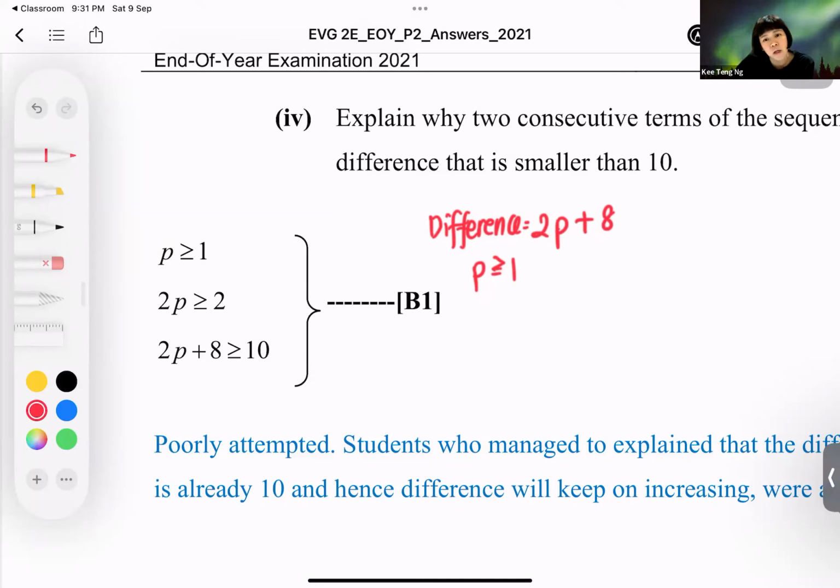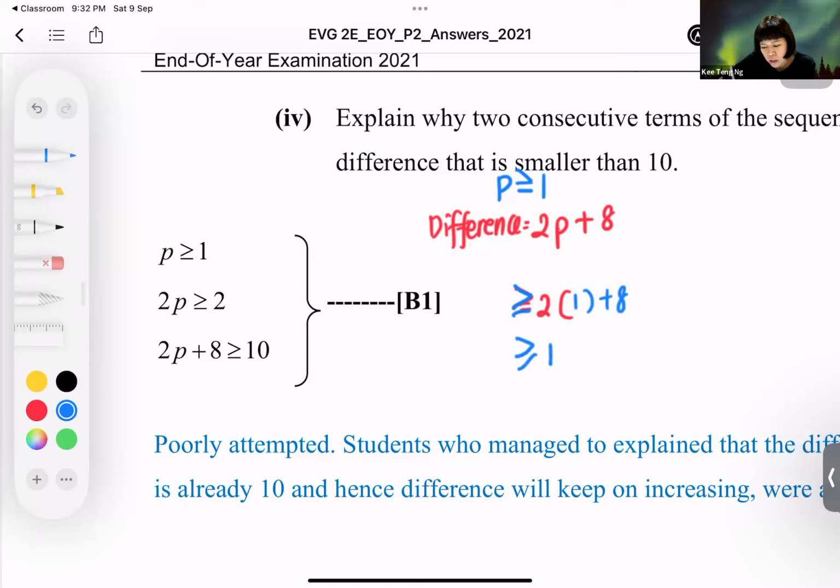So the smallest value p can take is 1, and p can be greater than or equal to 1, which means the difference will be greater than or equal to 2 times 1 plus 8.